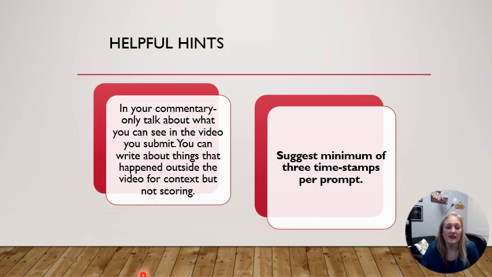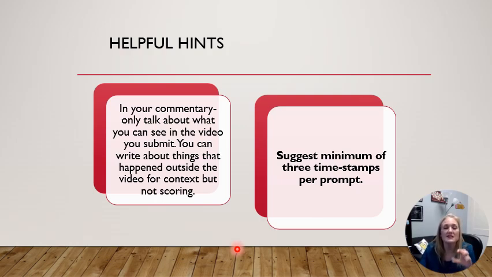Some helpful hints: in your commentary, only talk about what you can see in the video. You can write about things that happened outside of the video for context, but they will not be scored.